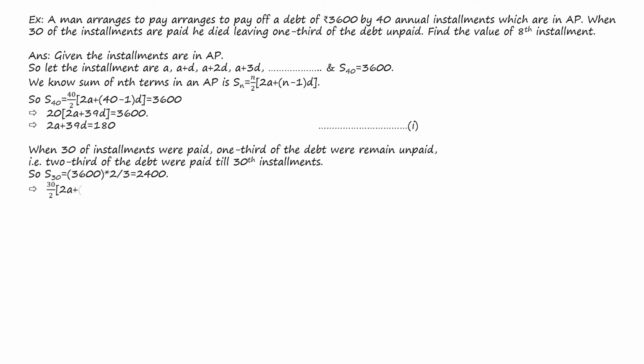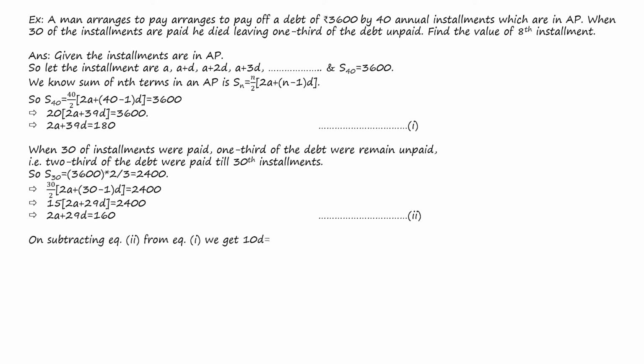Now S30 equals 30 by 2 into 2a plus 30 minus 1 whole into d, that is equal to 2400, or on solving it we get 2a plus 29d equals 160. Let this be equation 2. On subtracting equation 2 from equation 1, we get 10d equals 20 or d equals 2.